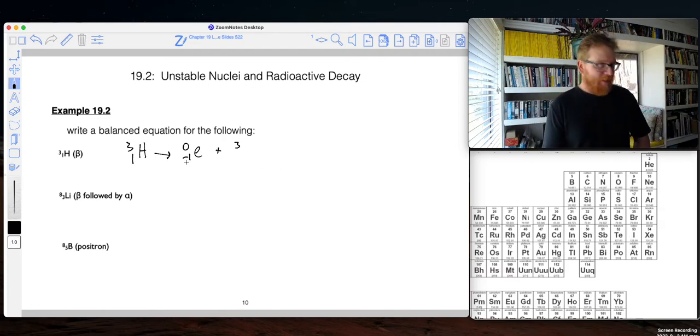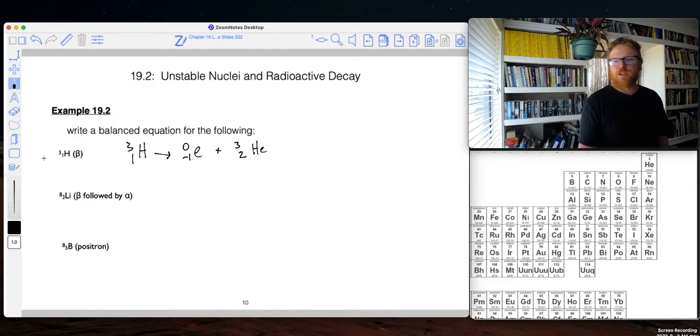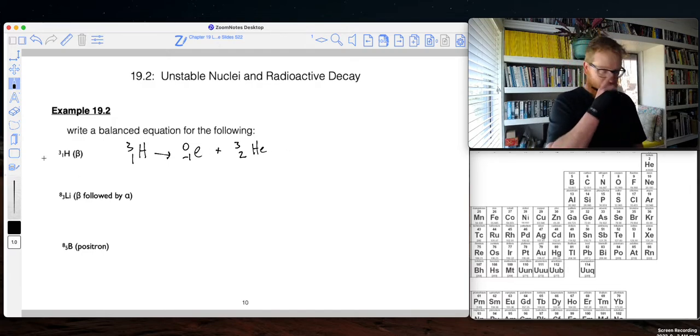And then now I've got this -1 right here, and so my atomic number of my other nuclide is going to have to be 2, right? 2 minus 1 gives me 1. And so now I have to consult the table to see which nuclide I made. And we could see right there element number 2, so that would be helium. Okay, so that's our balanced reaction for beta decay of a tritium nucleus.